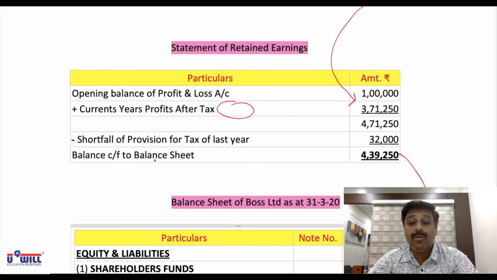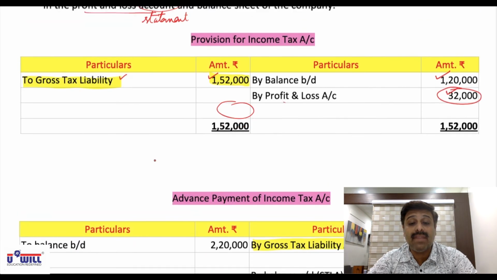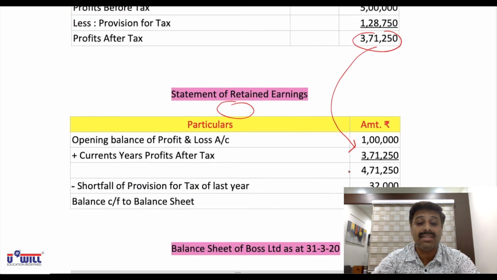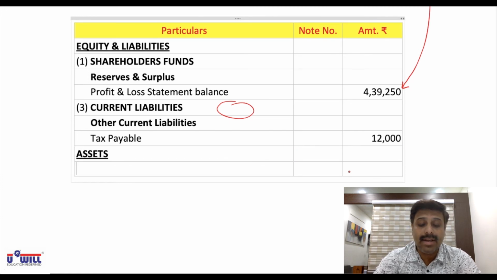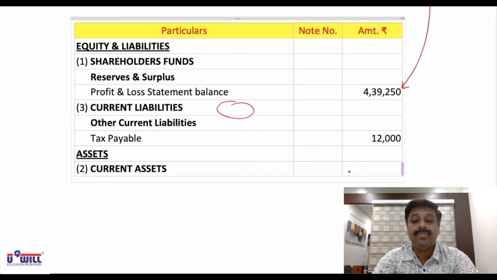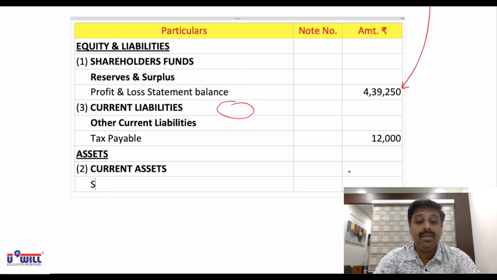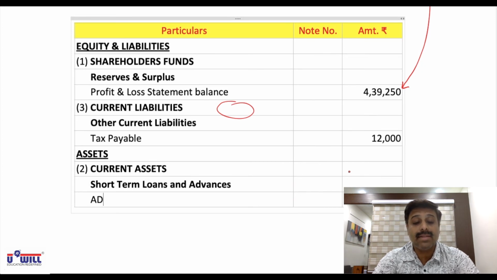Now, on the asset side, under the heading of current assets, in short-term loans and advances, we will be showing advance income tax.